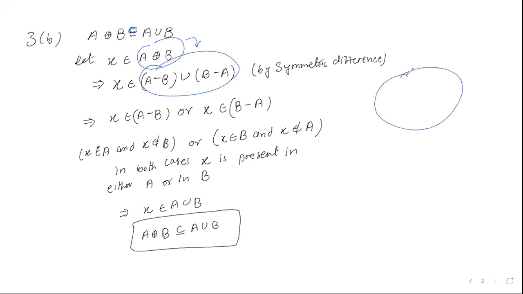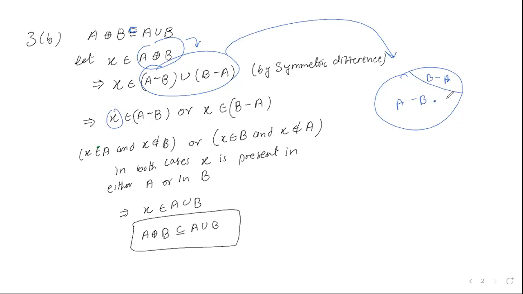You can visualize this like so. Let's say this is the set which is a union of two sets, and let's say this is my A minus B, and this is my B minus A, and so this X must belong to one of them.